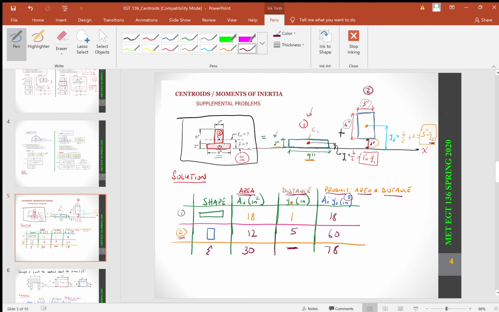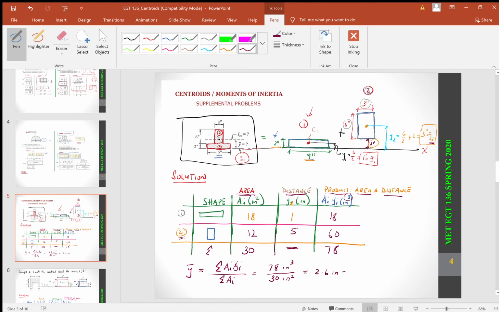So my total y bar, which is the total centroid, is going to be the summation of the product of the area and the distance, divided by the summation of the area itself. That's going to give us 78 inches cubed divided by 30 inches squared. When you put that in your calculator, 78 divided by 30 gives you 2.6.